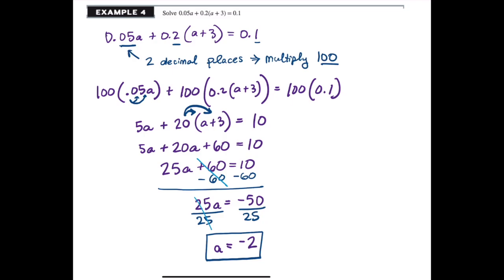So pretty cool techniques to make things a bit easier to work with, because people tend to want to avoid working with fractions or decimals. You could just leave them and solve it like that, but this is a way of making it a little bit easier.